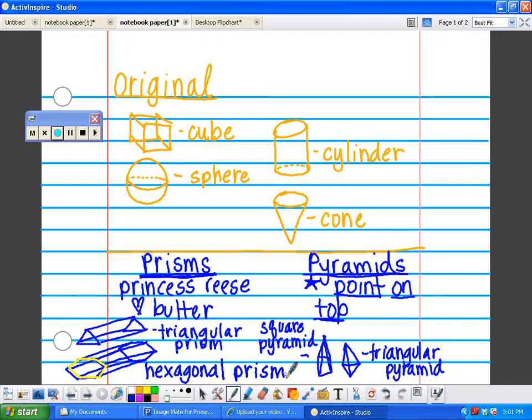What is always on the sides of our prisms? Flat surfaces. What shape does that make, though? Rectangles. Does this one have rectangles? Does this one have rectangles? Oh, what about this hexagonal? Oh my gosh, prisms always have rectangular edges. Now look at one face, though. Is that a rectangle? That's a hexagon, isn't it?